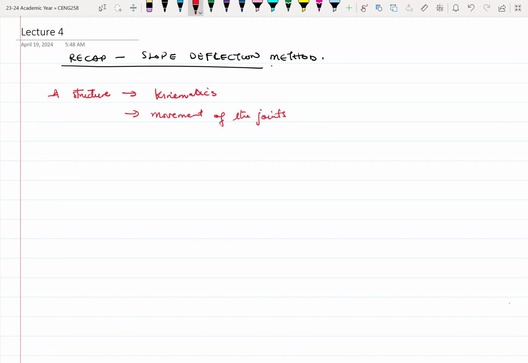And the movement is in two forms, either translation or rotation, right? And in the translation, we assume X and Y directions.